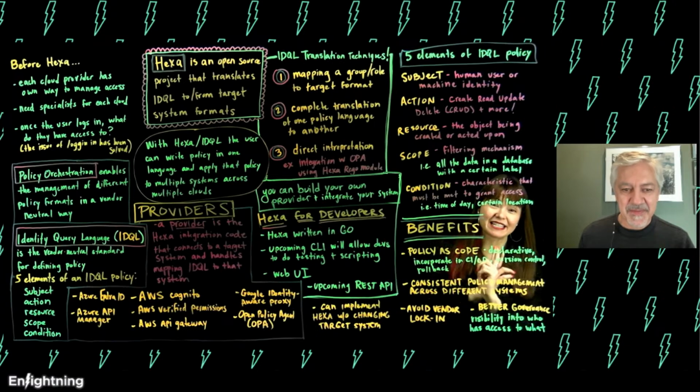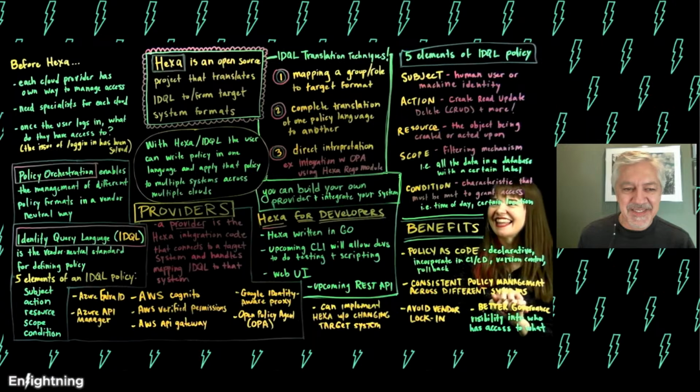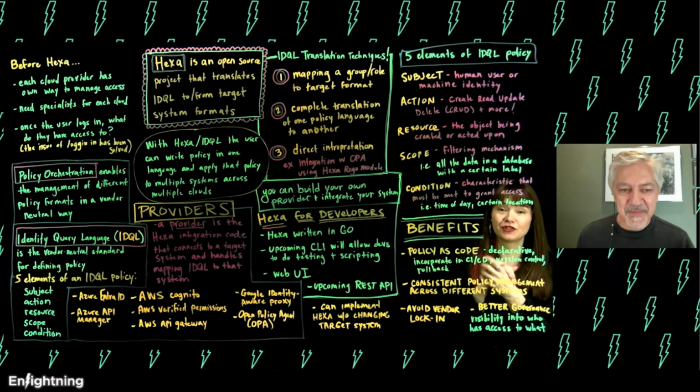The other one is complete translation of one policy language to another. That's for Amazon Cedar and for Google Common Expression Language. And then we have direct interpretation. An example of that is Hexa's integration with Open Policy Agent using a Hexa Rego module.